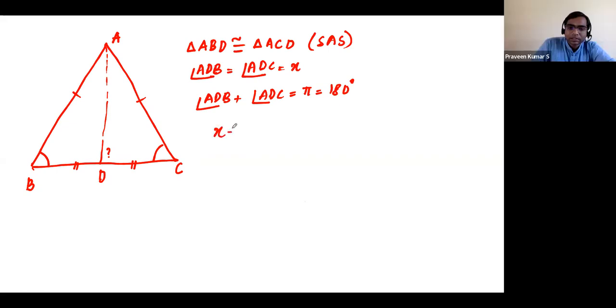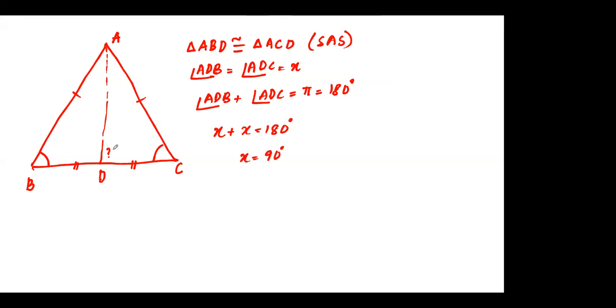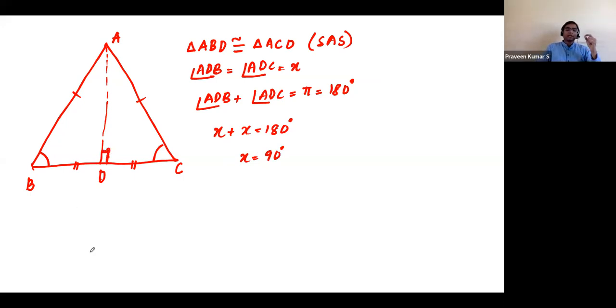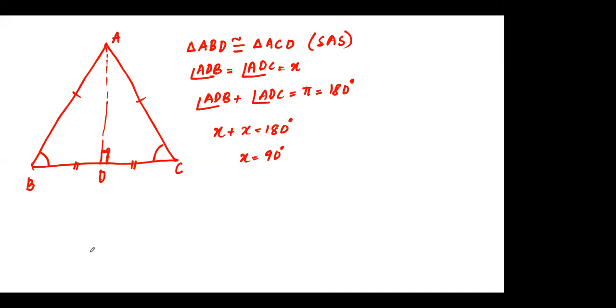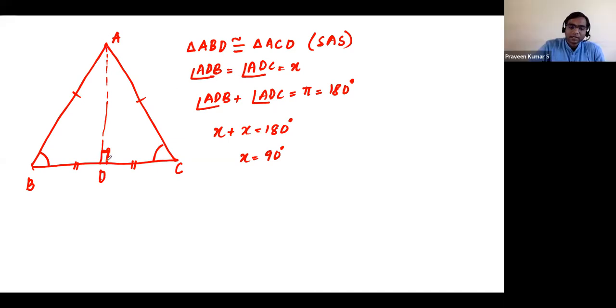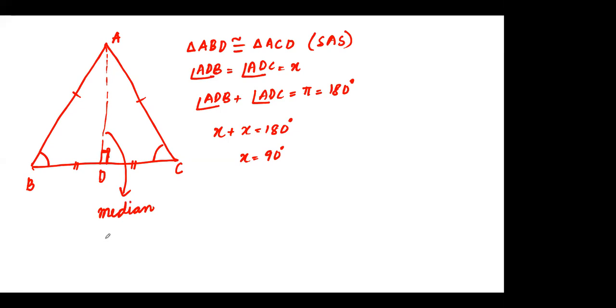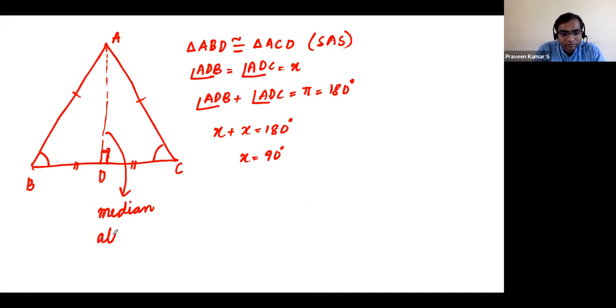So X plus X would be equal to 180 degree, so X is equal to 90 degree. So now the moment you write this down, you can say that in an isosceles triangle, the median to the unequal side will be nothing but the altitude.